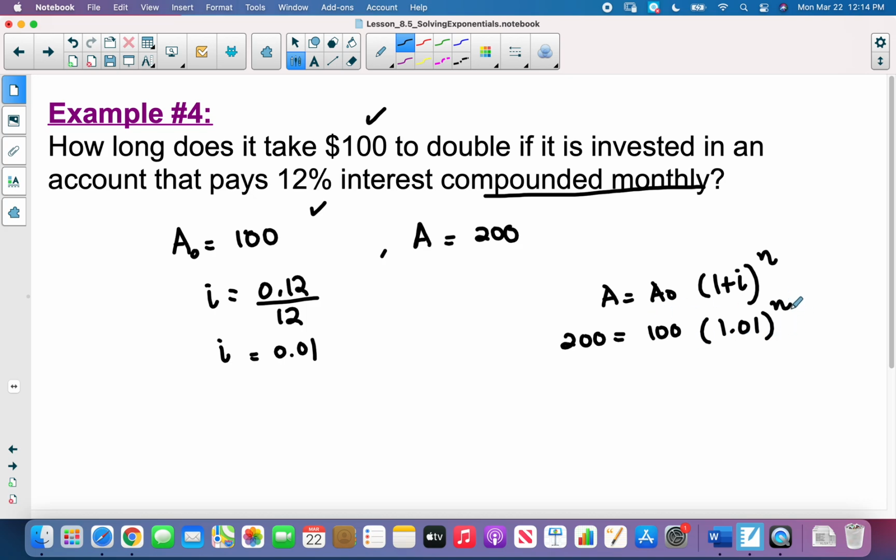So in this case, we are solving for n, which will tell us how long it takes for $100 to become $200 at this rate of growth. I'm going to divide both sides by 100, right? And so we get 2 is equal to 1.01 to the power of n.